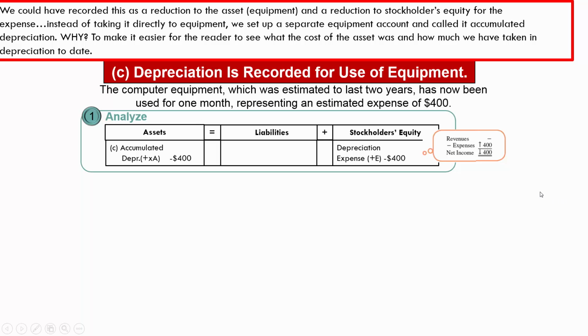So when we record it, instead of recording it as a credit to the asset itself, we credit the accumulated depreciation account that is associated with the asset.